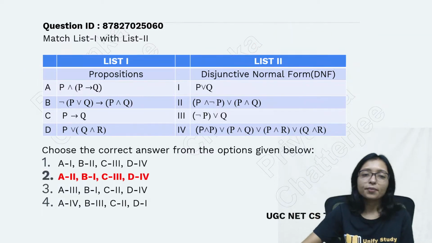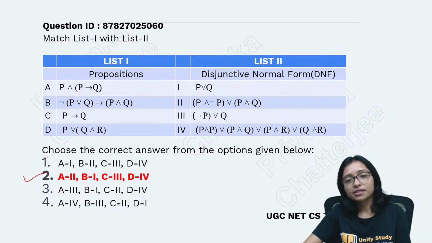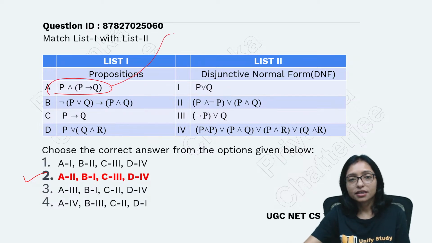Yes, answers are coming. Option 2 is the correct answer. Same way, see that. Here this one, how can I write it? I can write it P dot, because it is and, not P or Q. It is and.